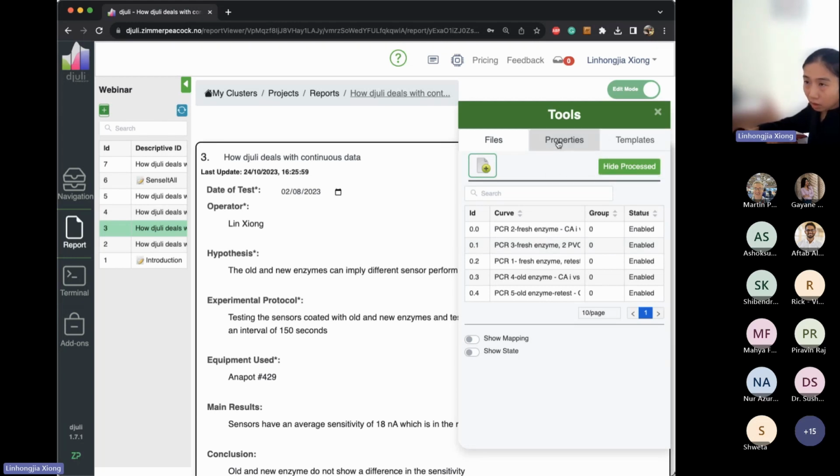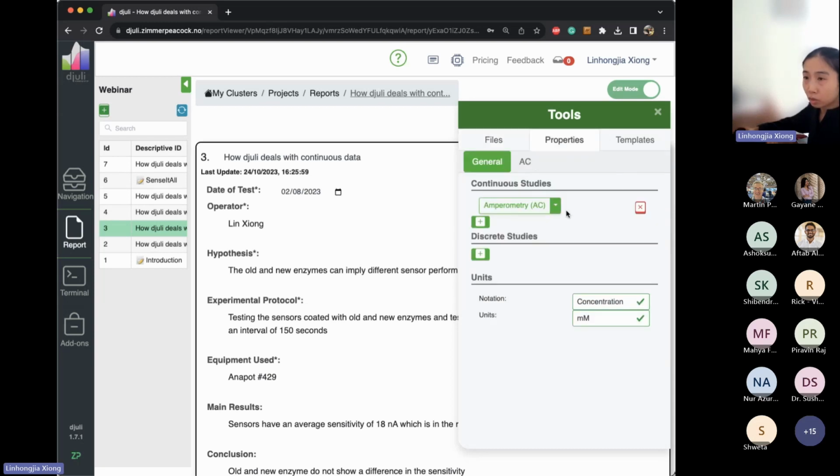The next step is to tell the software what you are running, because with this software we are able to run different techniques, including chronoamperometry and the one showed by Xingzhen, cyclic voltammetry. When you upload multiple files, you need to tell it specifically that you only want to see the chronoamperometry.